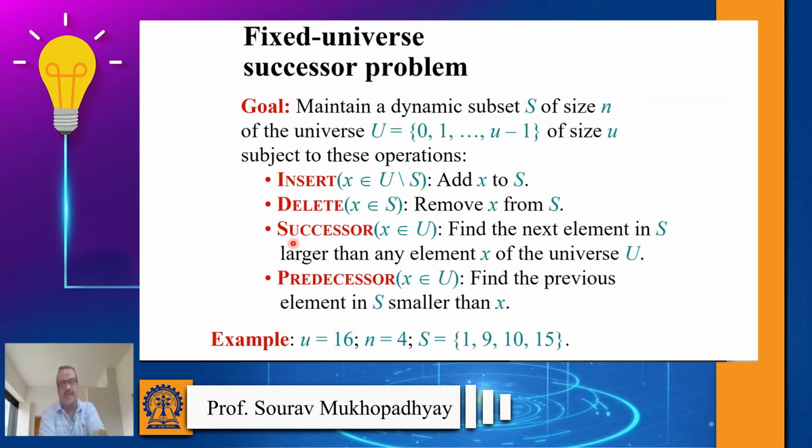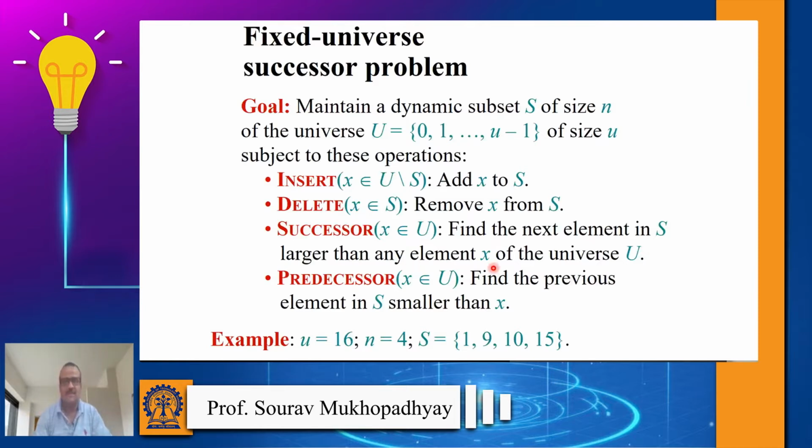What is a successor query? We should be able to find the successor of an element x, small x, from this universe. It could be in capital S also. For example, if we want to find the successor of 9, the successor of 9 is 10. Successor means finding the next element in S larger than the element x.